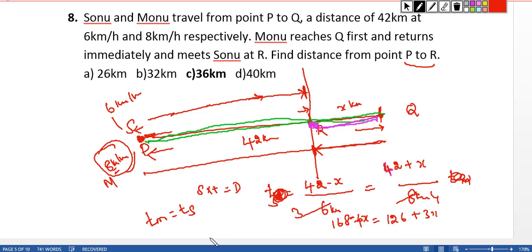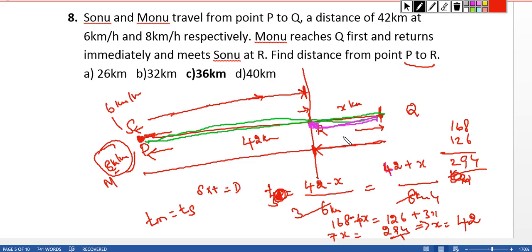So that is 7x. 7x is equal to 168, 126, 294, right? 294. So x is equal to 4 so 28, 42.